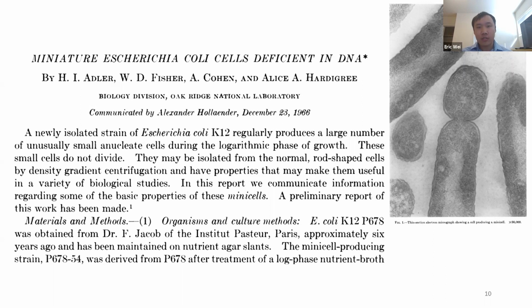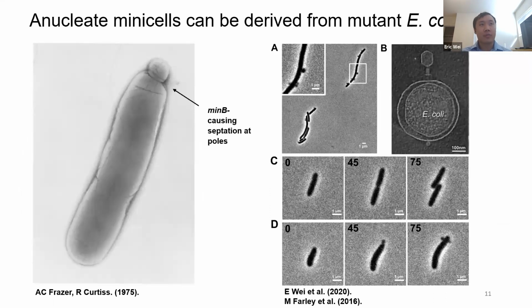So, for example, this particular mini cell strain, which has a min-B deletion, causes random septations during cell division, which you can get miniature blebbings that occur at the poles.